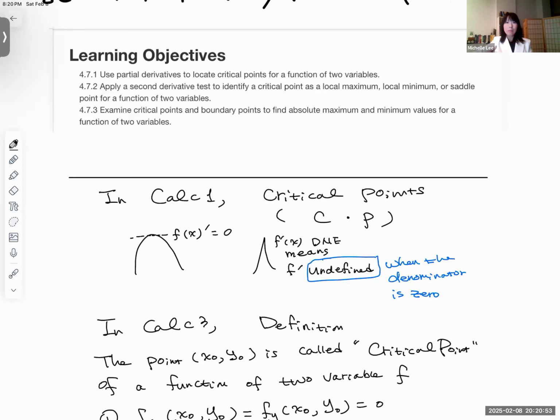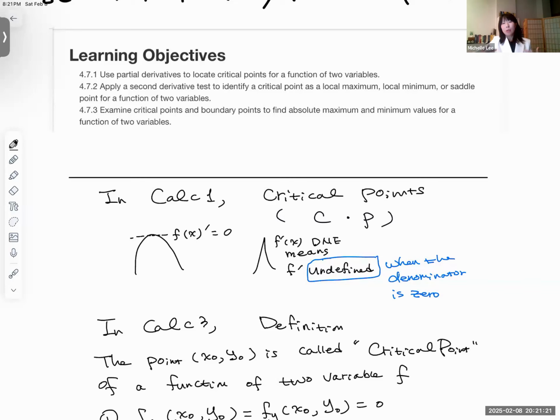That means f prime is undefined, when the denominator is 0. So if we have a quotient, then we set the denominator equal to 0 and find the x value. That was the critical point in Calculus 1.